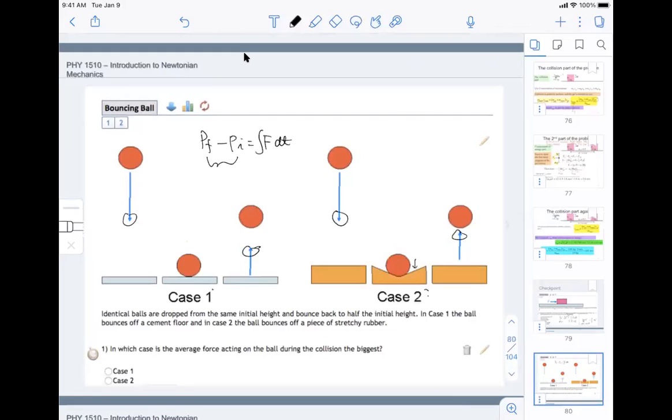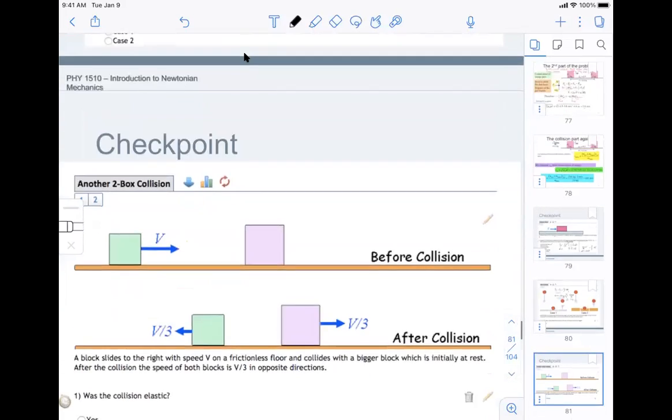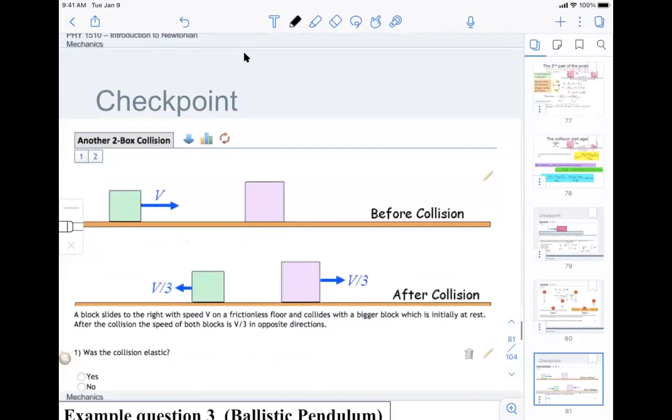So you want to change the momentum by the same amount, but in case 1, you only have a short amount of time to apply this force. So this force has to be bigger, right? In order for you to have the same change. But in case 2, you have a longer time. T is longer because you get a longer give. So this force doesn't have to be as big, right? Force is smaller. Very good. So case 1 is going to be experiencing bigger average force. Third checkpoint question.